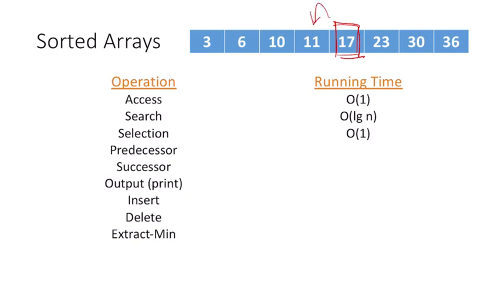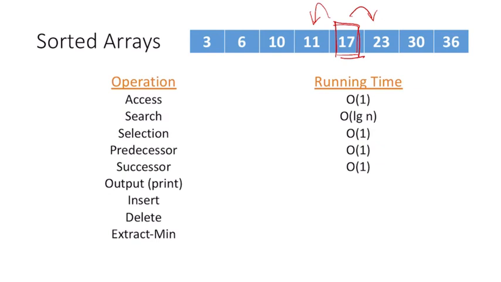So how long does it take to find the predecessor? And actually, we'll do the successor at the same time. The successor is the 23. Well, those are constant time because we know the index of 17. You subtract 1 from the index to get the predecessor, and you add 1 to the index to get the successor.